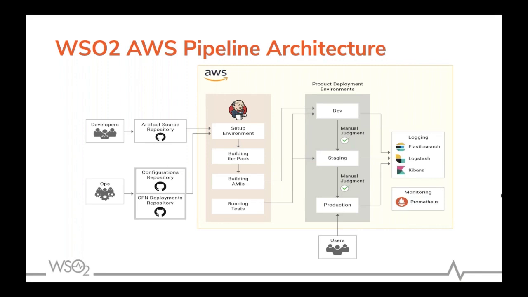As you can see on the diagram, all three environments are pre-configured with logging. The logging can be accessed using a Kibana dashboard. In addition to logging, in the production environment, the WSO2 pipeline also has monitoring.